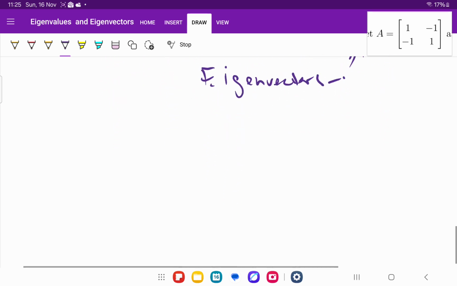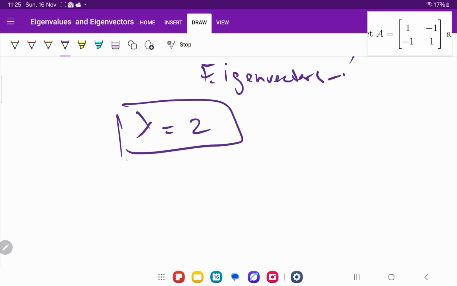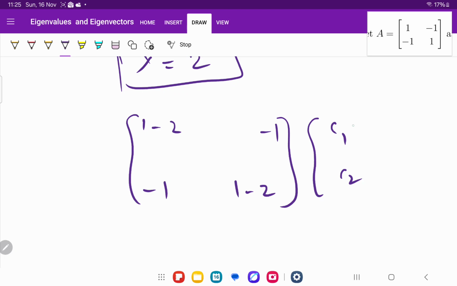Now we have to find the eigenvector for the other eigenvalue. The other eigenvalue was 2. So now we are moving to the eigenvector for lambda equal to 2, and again we have to put 2 in the same characteristic equation. 1 minus 2, minus 1, minus 1, 1 minus 2, times C1, C2, equal to 0, 0.